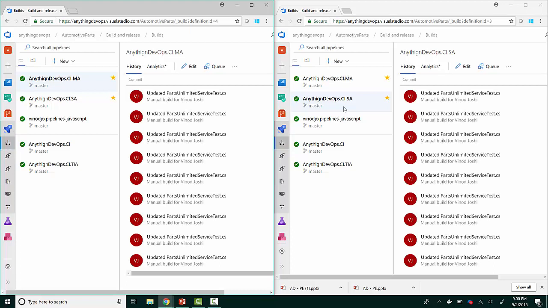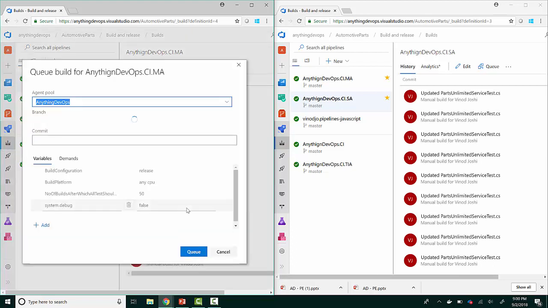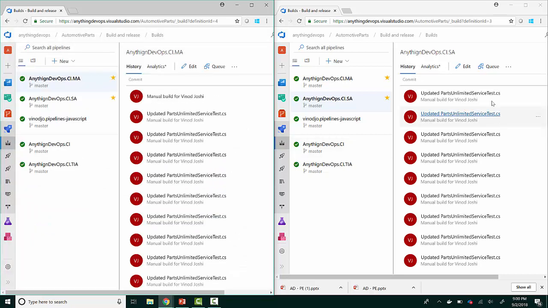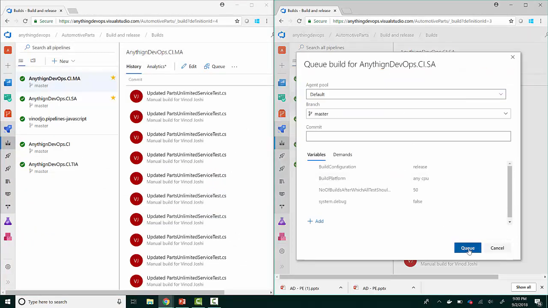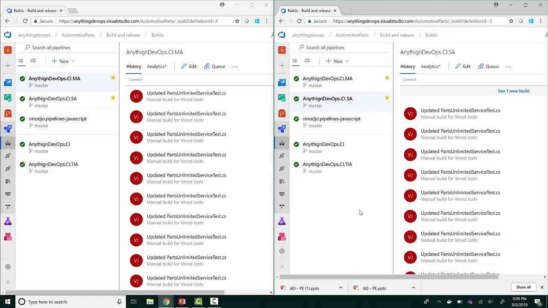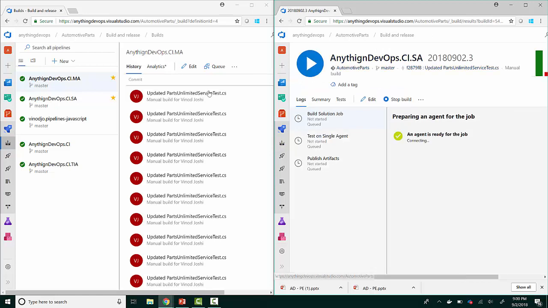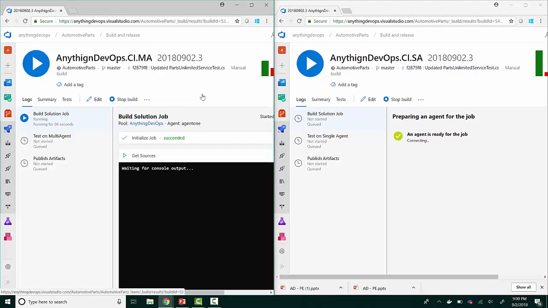How do we know that? Let's queue both the builds and see what happens. So I'm going to queue this build. I'm using VSTS to demonstrate this. However, the concept applies generally and should be applicable to any other tool or platform.